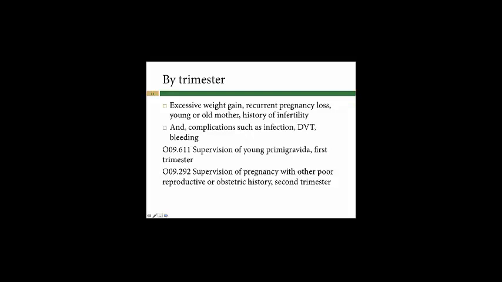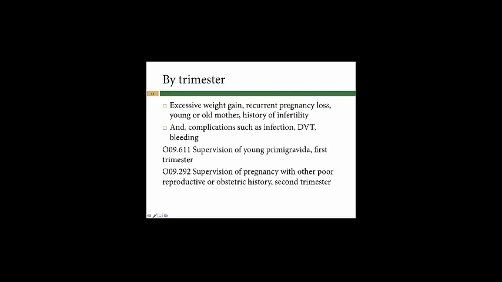So here are just some examples. O09.611, supervision of a young primigravida, first trimester. O09.292, supervision of pregnancy with other poor reproductive or obstetric history, second trimester.